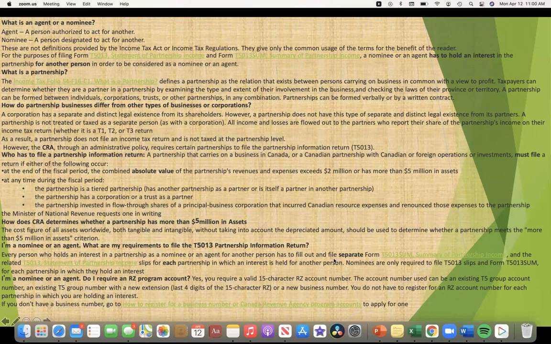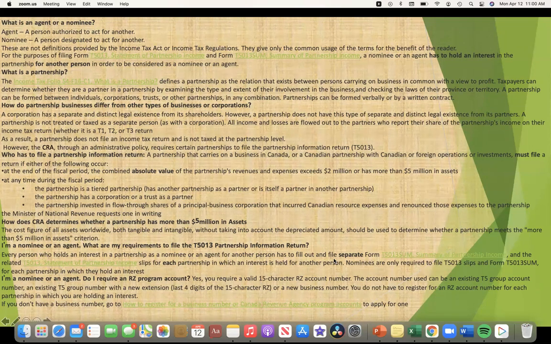So how do partnership business differ from other type of businesses or corporation? So a corporation has a separate, distinct legal existence from its shareholder. However, a partnership does not have this type of separation or distinct legal existence from its partners.